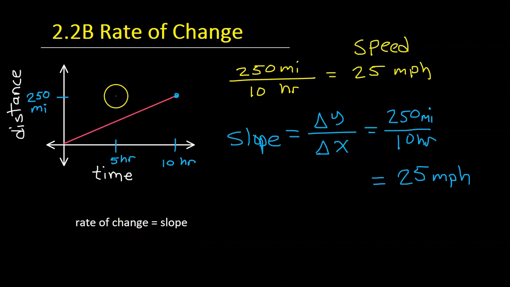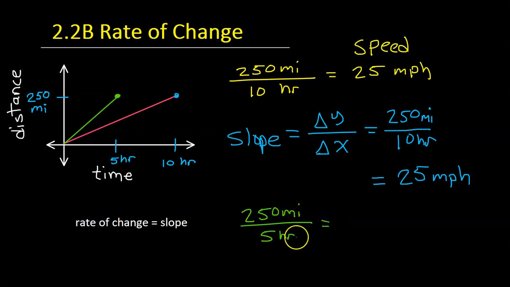Look at another example. Imagine a car that went the same 250 miles in 5 hours. That graph would look like this. All right, and let's compare. So this car went 250 miles in 5 hours.